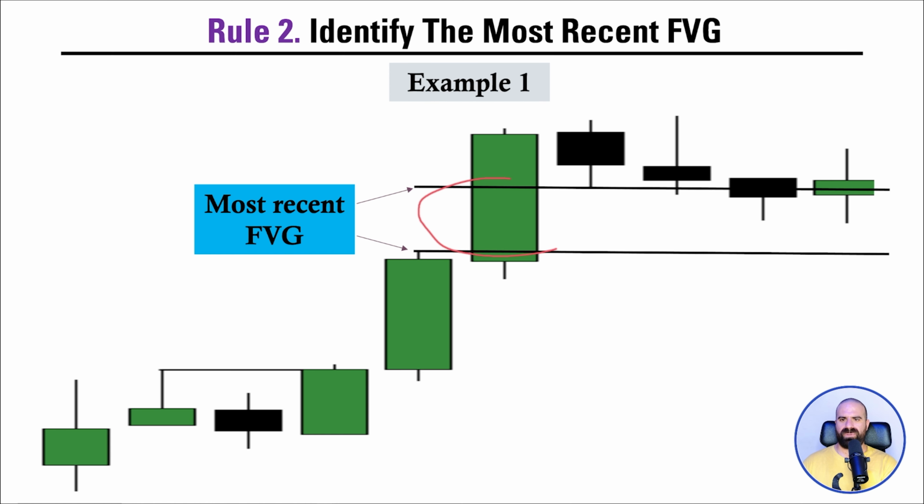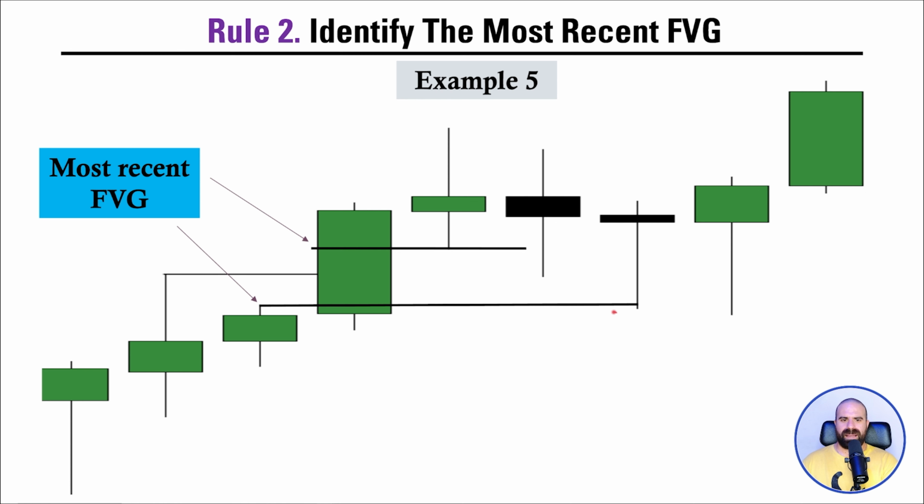Here we just have one fair value gap. In example number 2, only one fair value gap. In example number 3, only one fair value gap. In example number 4 as well. And example number 5 is this one right here, where again the most recent fair value gap is the only one, and the most recent at the very same time.